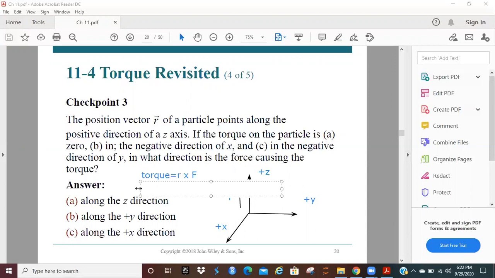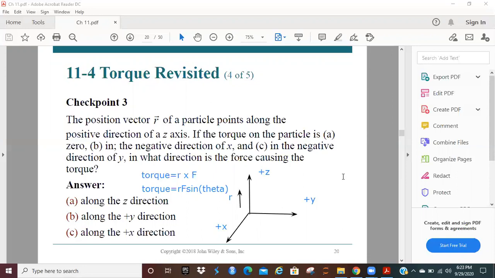And the reason for that is another way to look at this is RF sine of theta. We know there's a position vector R. We know that there's a force. So the only thing that's going to make that torque 0 is that the sine of the angle is going to be 0.